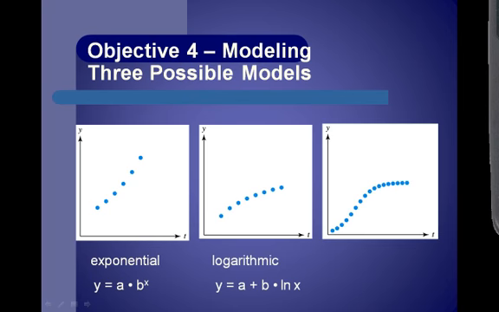And then our third function, notice on this one it starts out real slow, then it gets large quickly, and then it levels out and it gets large very slowly. This is the one I was telling you about, which is your logistic function, which is c over 1 plus ae to the negative bx.